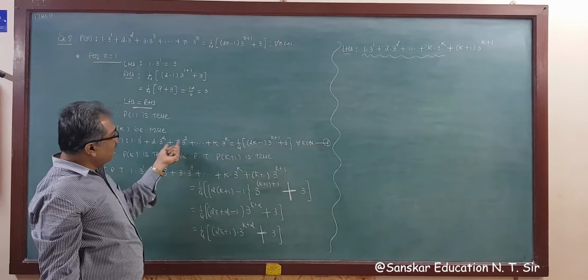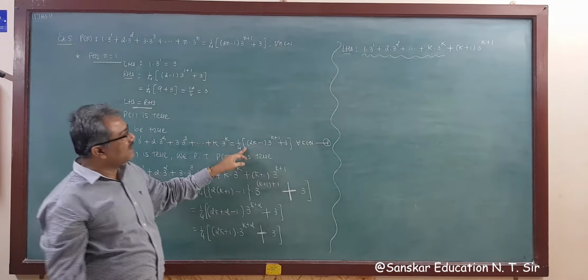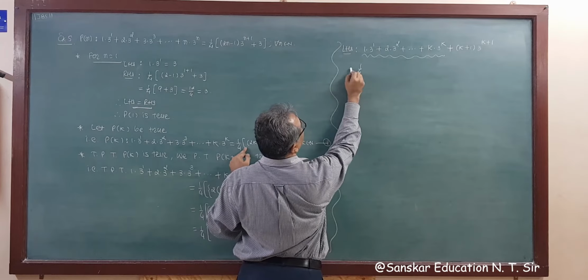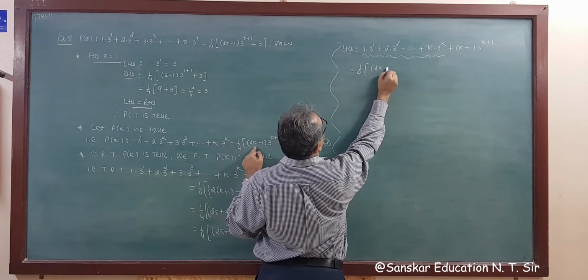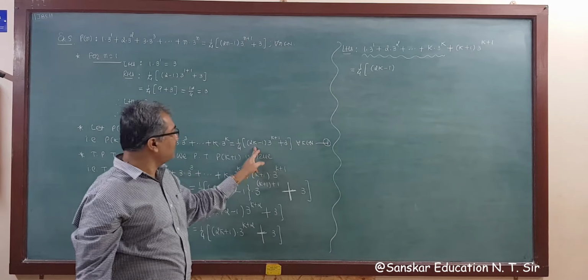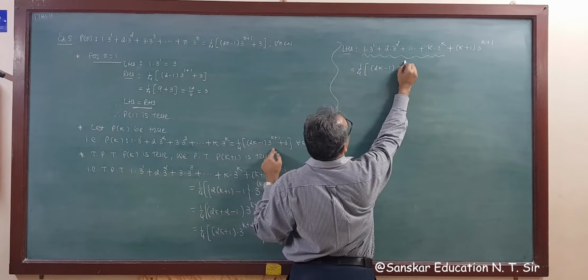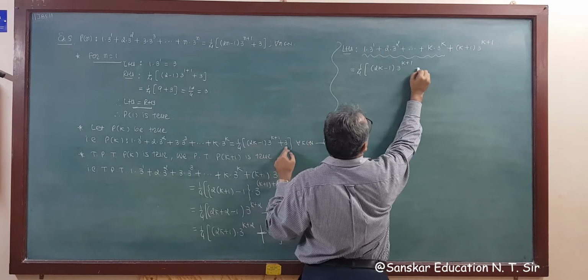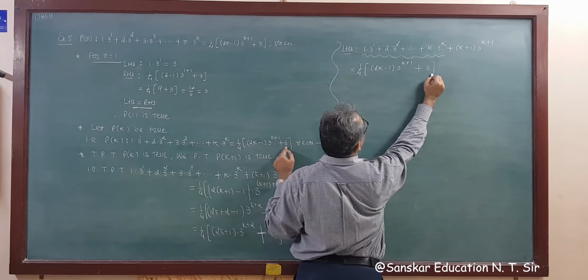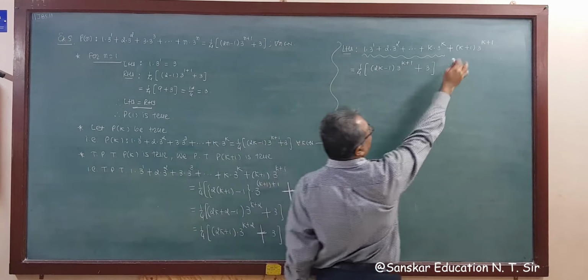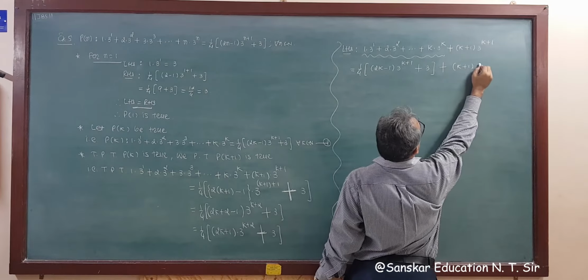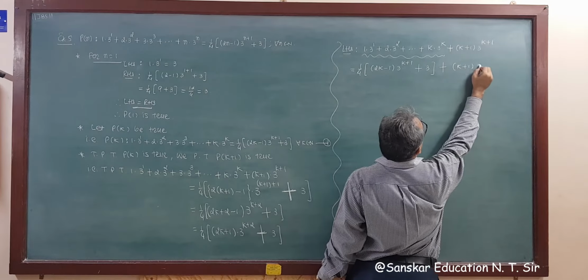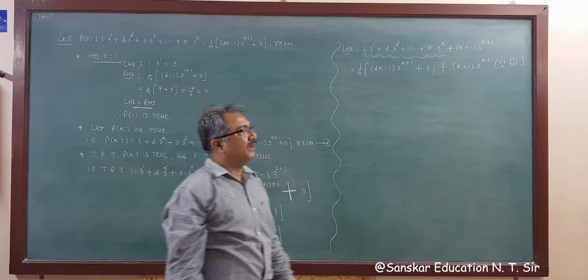Now write down the answer of this, that is 1/4, so this is 1/4, right. This is twice k minus 1 into 3 raised to k plus 1 plus 3, right. This is the answer, and the remaining term is this last term, plus k plus 1 into 3 raised to k plus 1. This is due to result number 1, right.